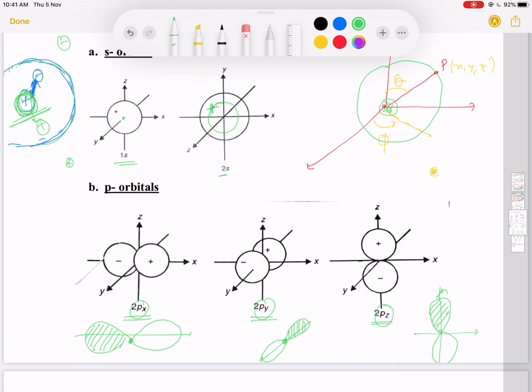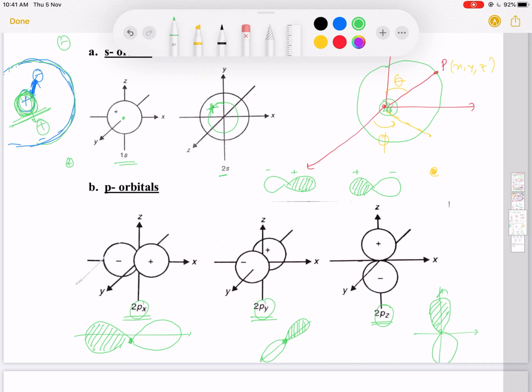Now see its symmetry. I will just tell you briefly one thing. Say you have a p orbital like this, and another p orbital like this. You see this is plus, this is minus, this is plus, this is minus.